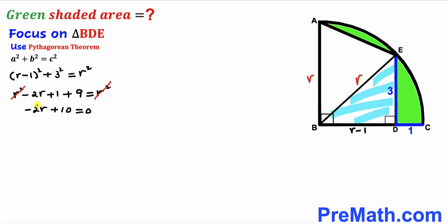Now I'm going to move the 2r to the other side, so we end up with 2 times r equals 10. Dividing both sides by 2 to isolate r, our radius r turns out to be 5 units.